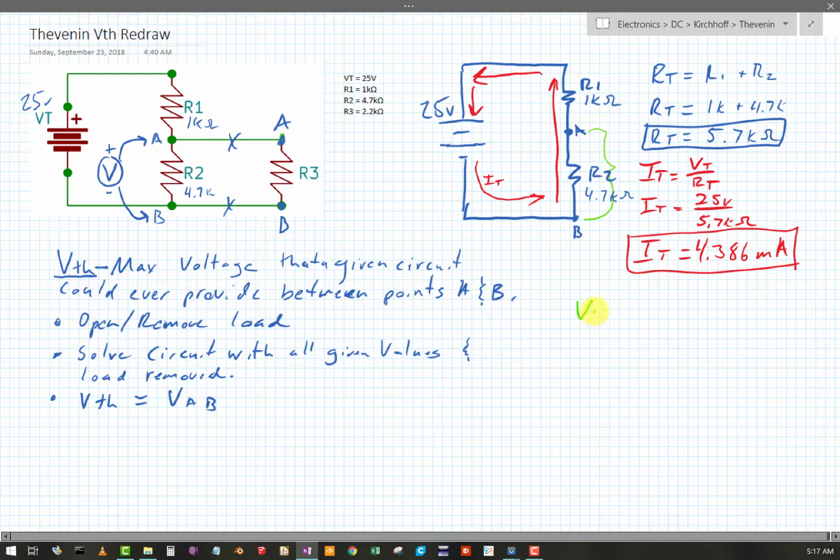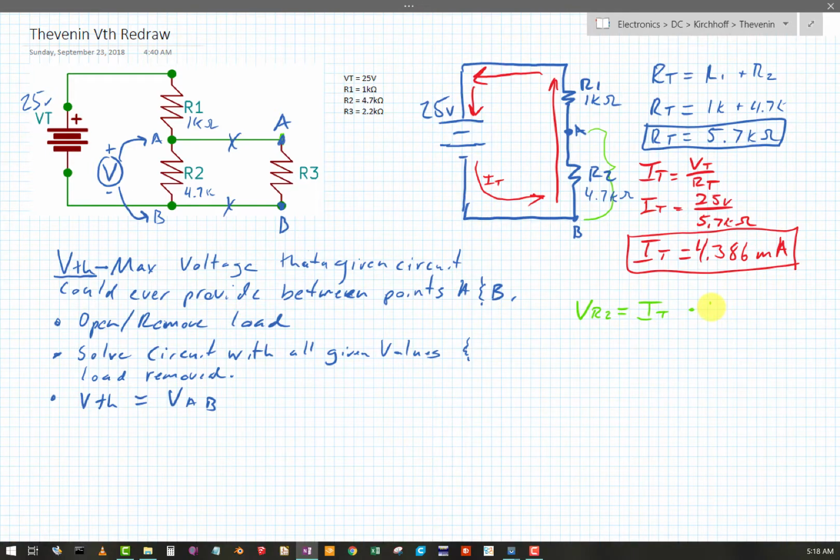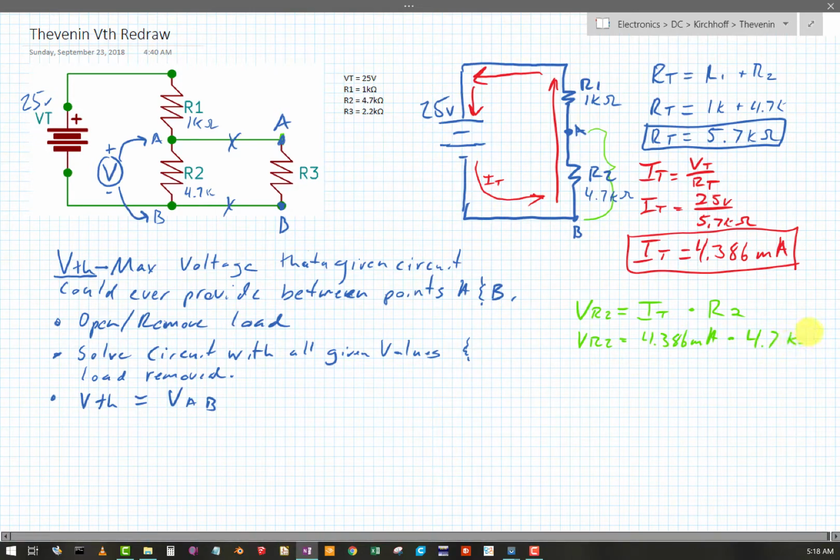Okay, so let's find VR2 first, because that's the one I really want. That's just going to be I total for this circuit times the value of R2. VR2 equals 4.386 milliamps times 4.7k ohms.